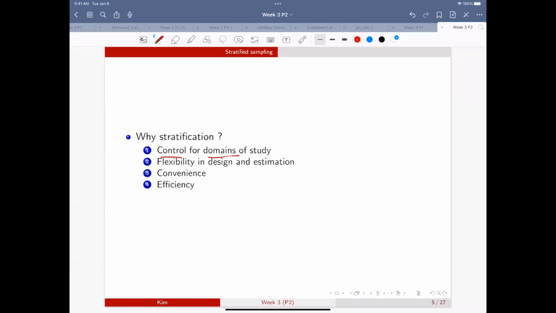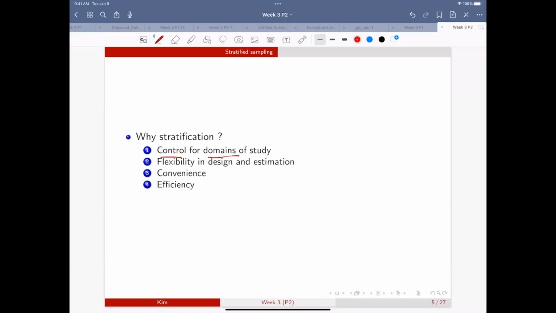And also flexibility in design and estimation. Maybe the nature of Iowa could be quite different from the nature of Alaska, right? And if you stick to the same sampling design for different states, the implementation could be difficult. So we want to have some flexibility.